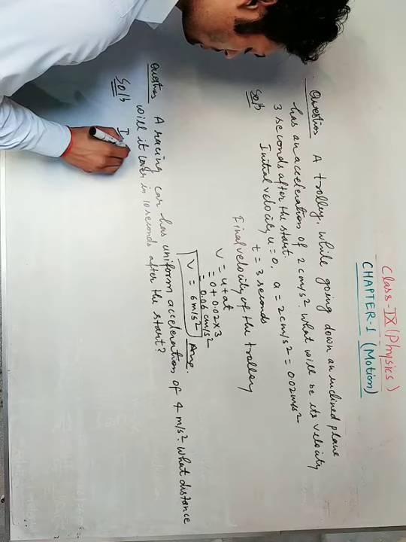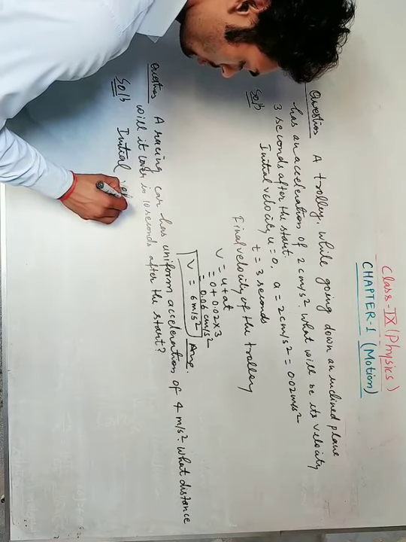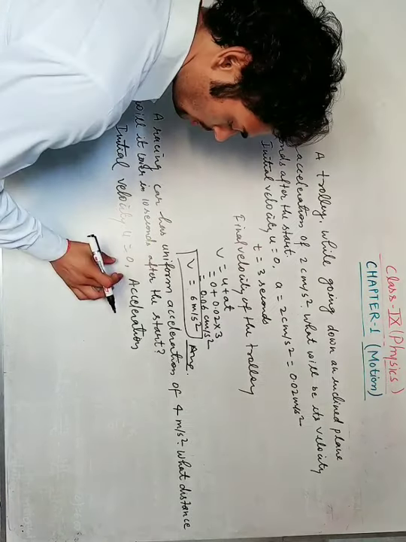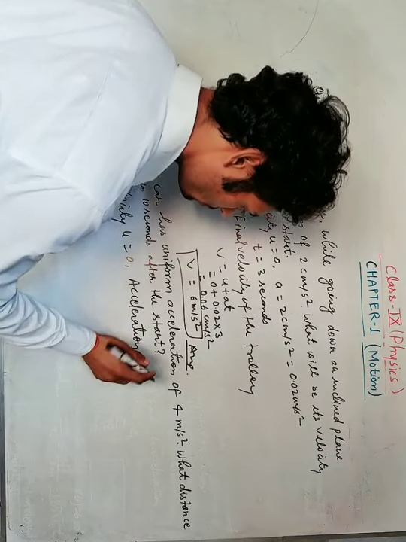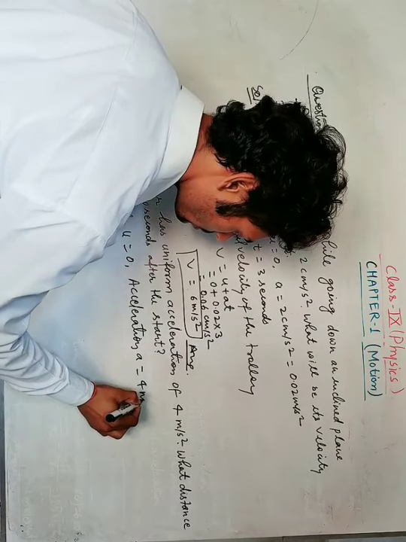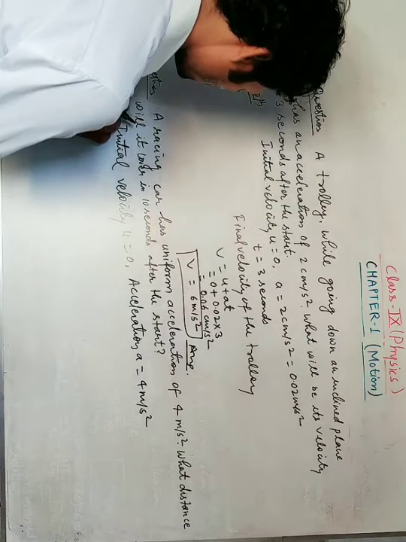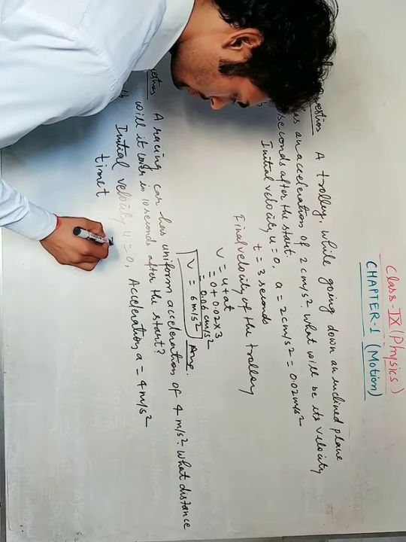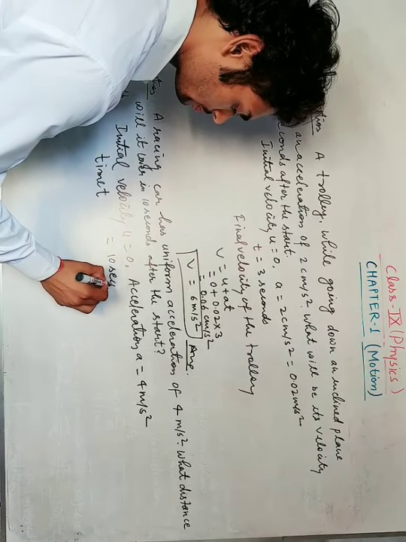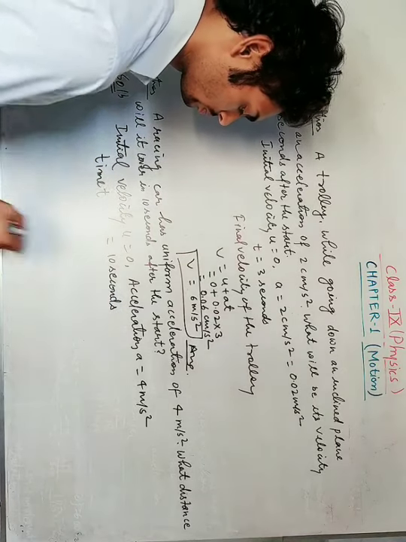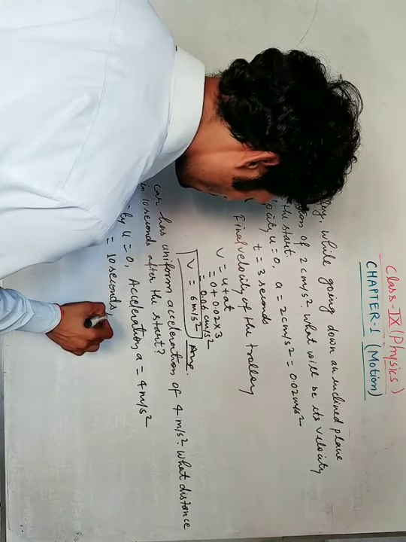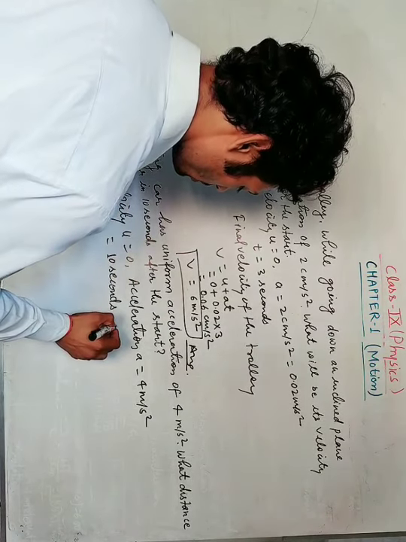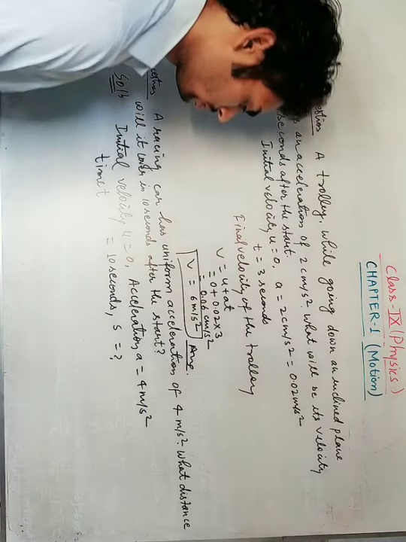Then initial velocity u equals 0, acceleration a equals 4 meter per second square, and time t equals 10 seconds, and we have to find the distance of the car. Distance s we have to find.